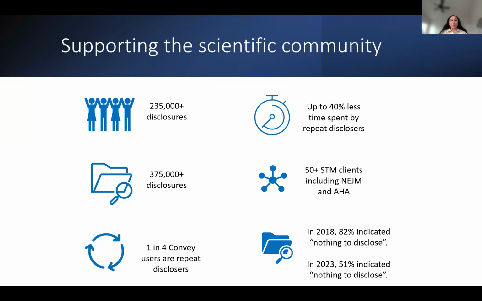To highlight some of the growth realized by Convey since its launch, there are currently over 375,000 disclosures in the system, and roughly 25% of those are returning disclosures. So there is definitely that value being recognized by the community to really streamline this disclosure collection process and have continuity between the data that is not just submitted to their journals or to their societies, but across the entire spectrum.